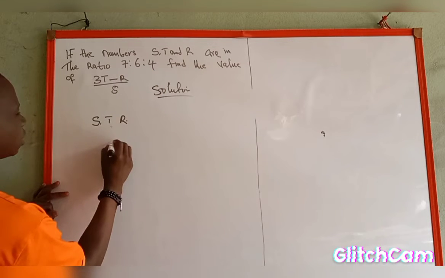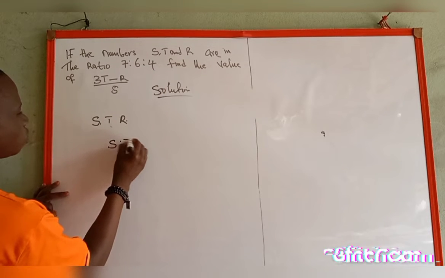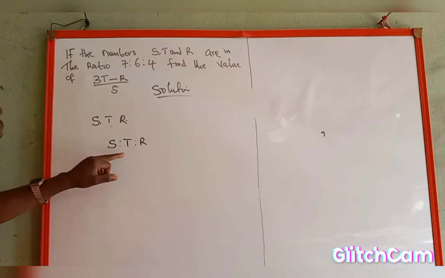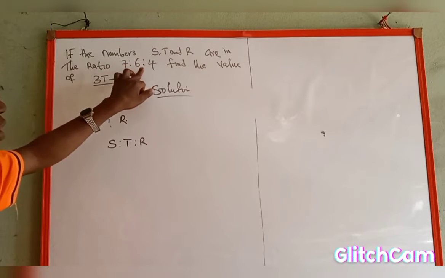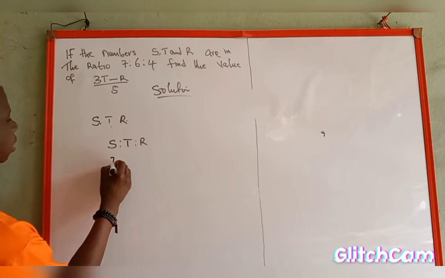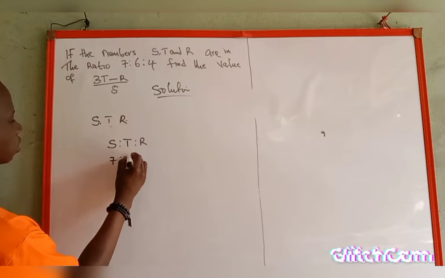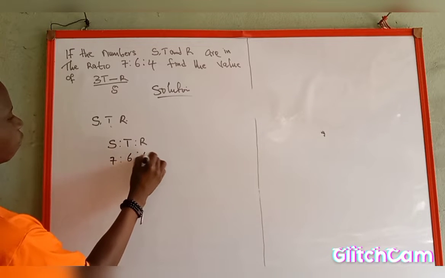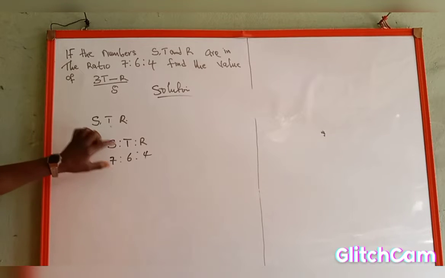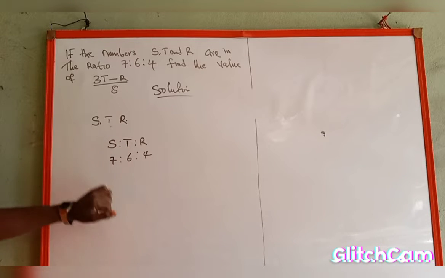So what they mean is S is to T and is to R, and this ratio is 7 to 6 and to 4. So I could say S represents 7, T represents 6, and R represents 4.